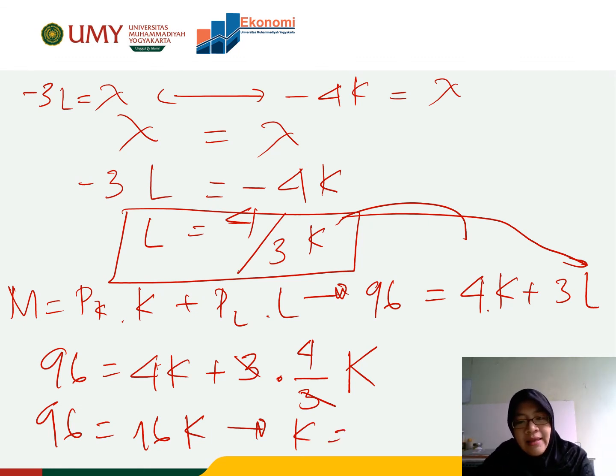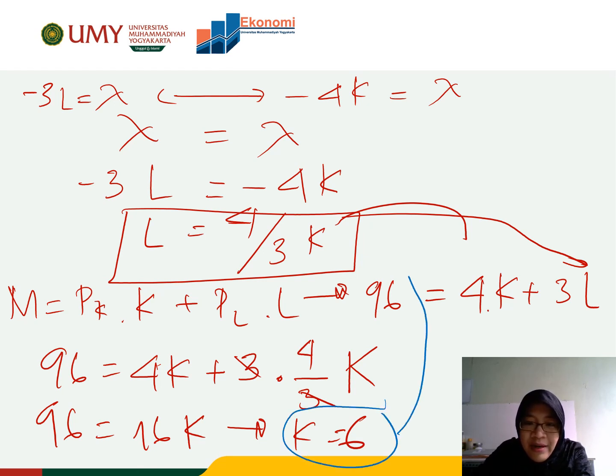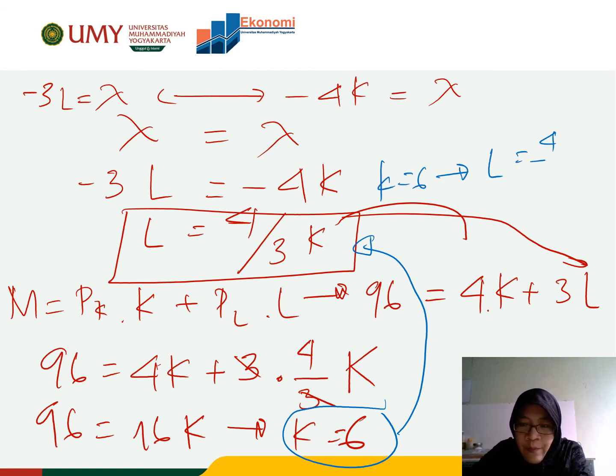I think K is 6, right? So we already have the answer that K is 6, and then put it in here. K is 6, so L is 4 per 3 multiplied by 6. So L is 8.